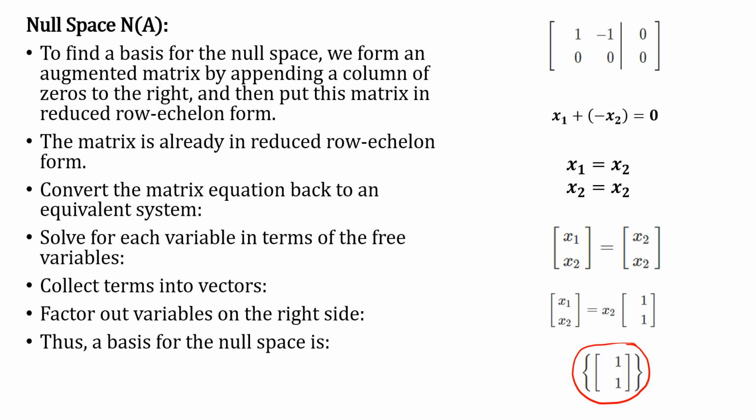We have already calculated the null space of this matrix. Now, what should the rank be? The rank of the matrix plus the nullity of the matrix equals the number of columns. Here it is a 2 cross 2 matrix, and we have calculated the nullity of the matrix, so the sum should equal 2. Then what could be the value of the rank of the matrix? Obviously it is 1.